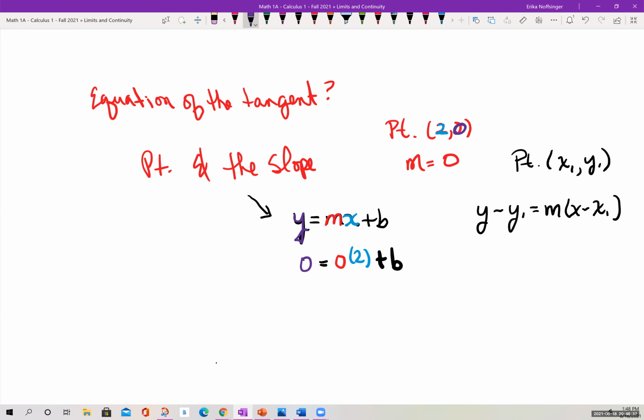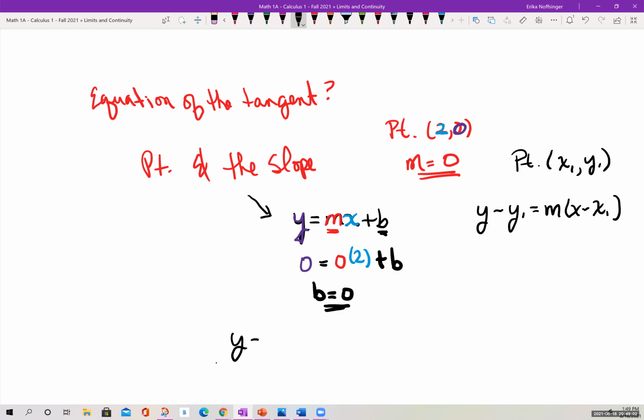Well, notice that we get 0 equals 0 plus b. So we got b was equal to 0. So if I go back in, not normally will this happen, but my m value is 0 and my b value is 0.